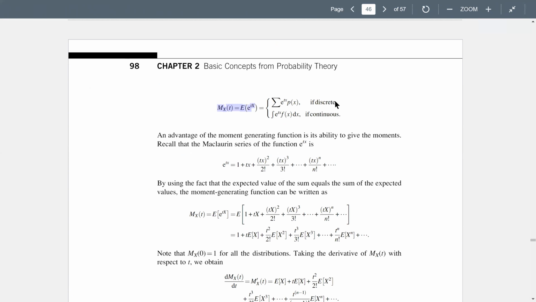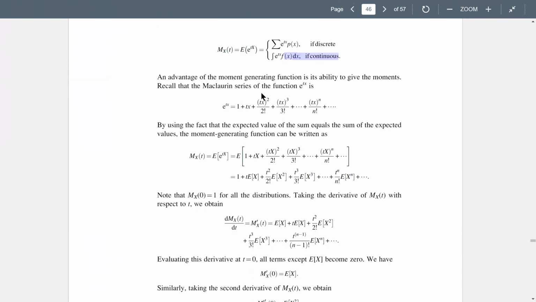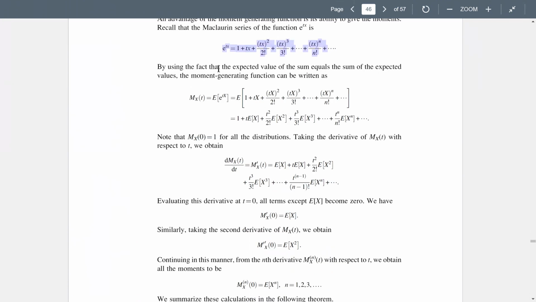And also, there are two forms, discrete and continuous. All right. Now, you can develop it in this way, according to the Maclaurin series of the function e to the tx, which you learn in calculus. And then you have moment generating function written by this function, because expected value of e to the power of tx equals expected value of the Maclaurin series.